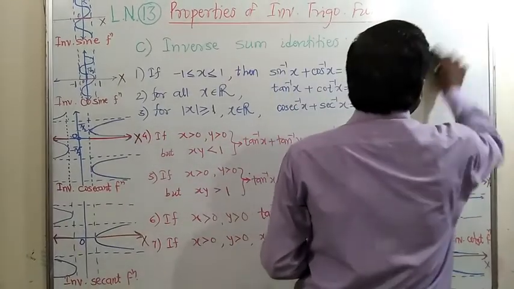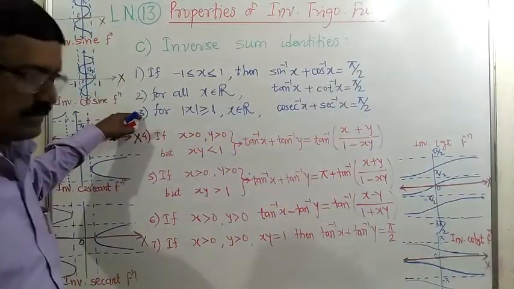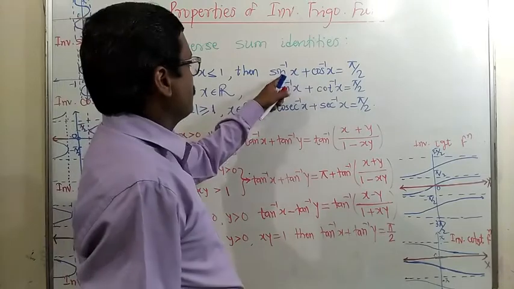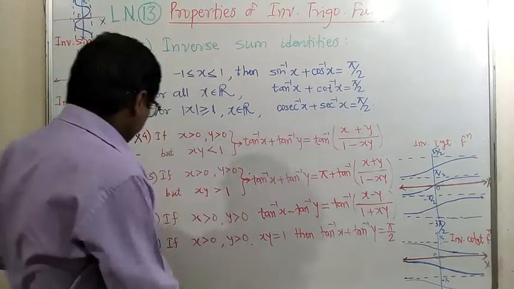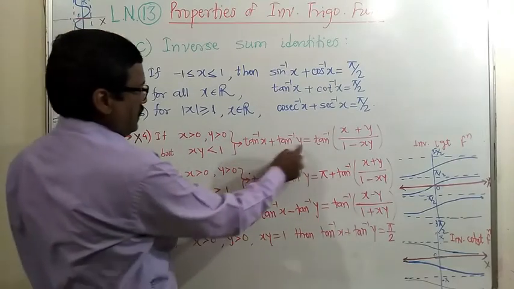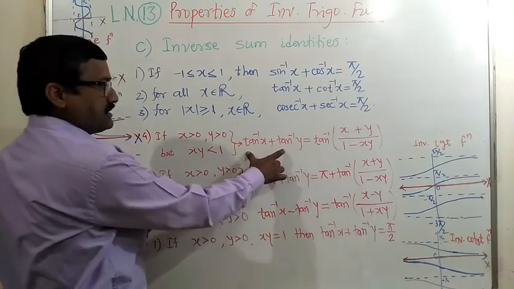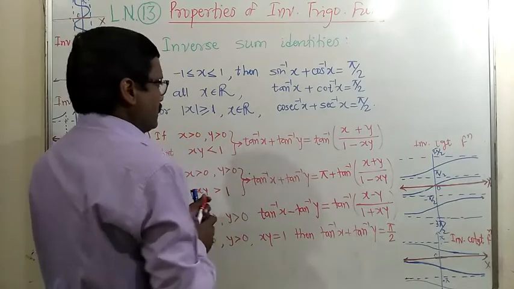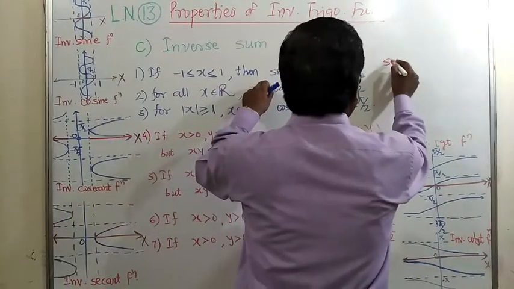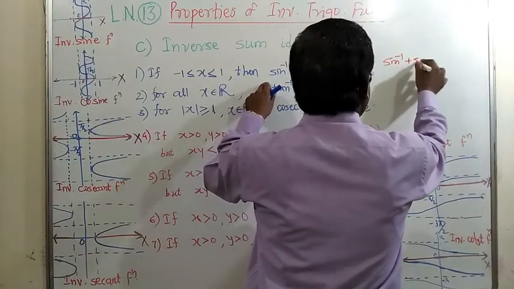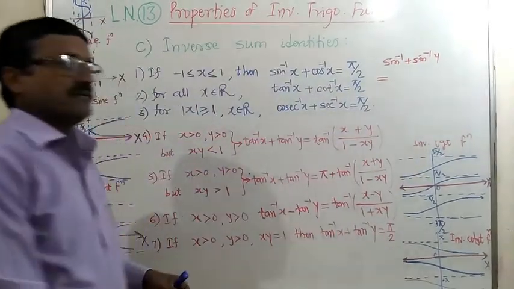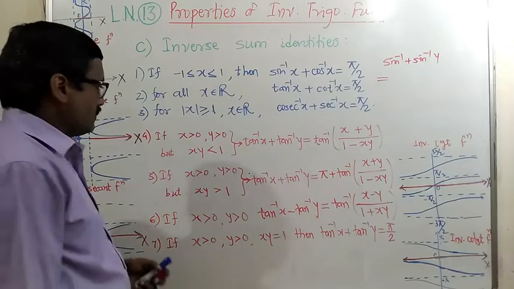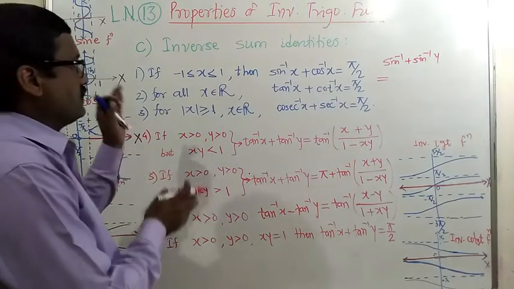In the first group we took two different inverse functions with the same number x, but in this group the numbers are different and the function is the same. Similarly, we can take sin inverse x plus sin inverse y. These remaining properties are not given in our board textbook, but there are so many properties like this.